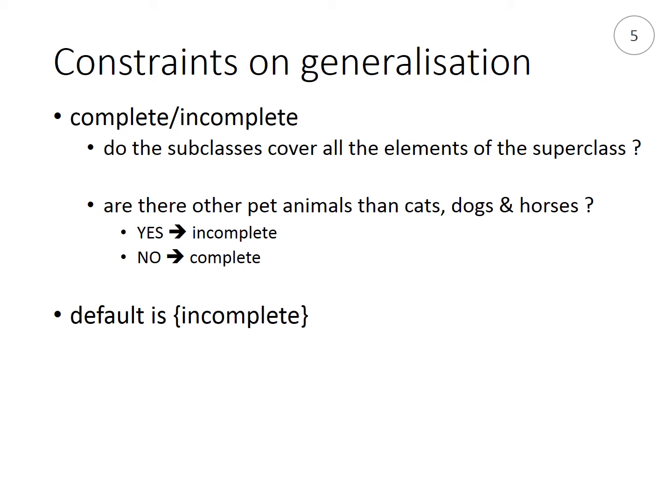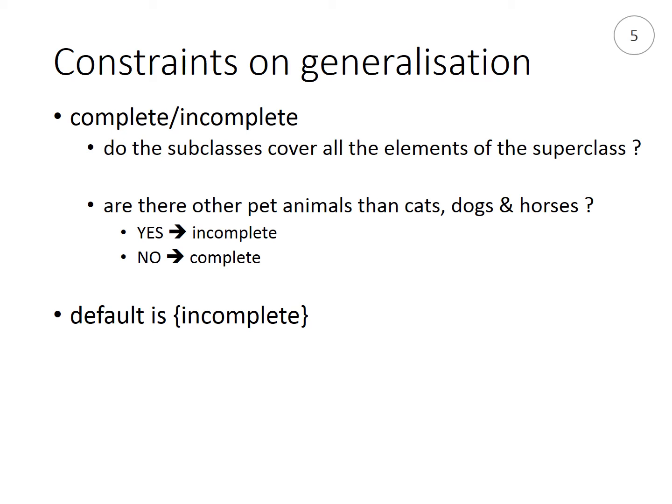The concept of generalization, specialization comes with constraints, and there are two types of constraints to consider. The first is whether the specialization is complete or incomplete. So the question to ask is whether the subclasses cover all the elements of the superclass. So let's consider an example where the superclass is pet animals. So that's the general concept. And you have three subtypes or specialized concepts, namely cats, dogs and horses.